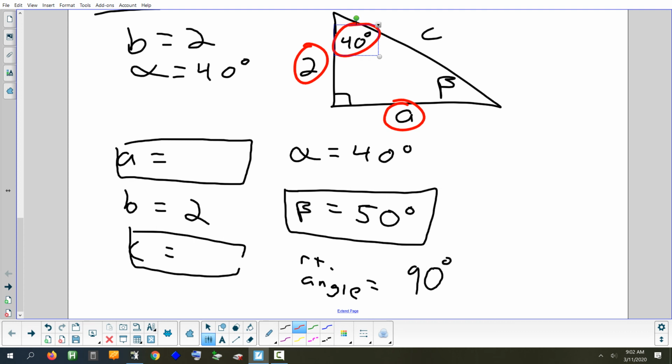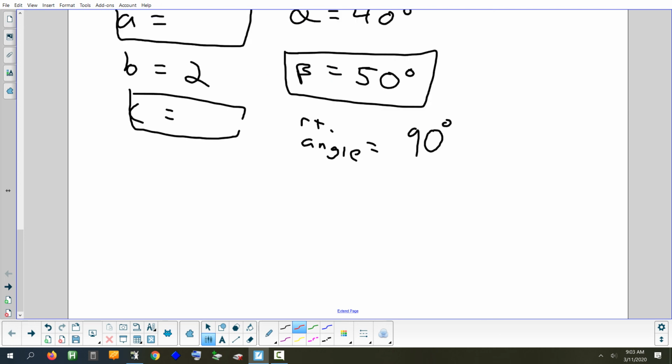Yep, perfect. That's opposite. And what about the side that's 2? That's adjacent. I'm just labeling everything. And C is the hypotenuse. Okay. So we don't need C right now. We're not using C yet. We're gonna look at A. Okay. So I want to find A.